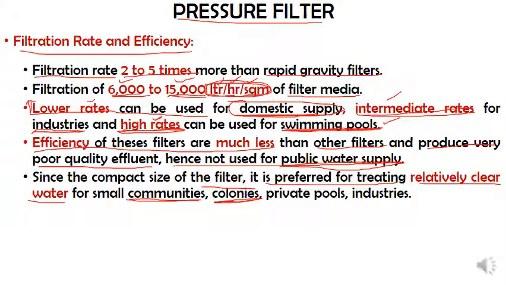That is, if your raw water is already of good quality, without much turbidity, color, or odor, then it can be treated with these pressure filters for communities, colonies, private pools, and industries. Usually we don't prefer this for public water supply, but it can be used for smaller sized sectors.